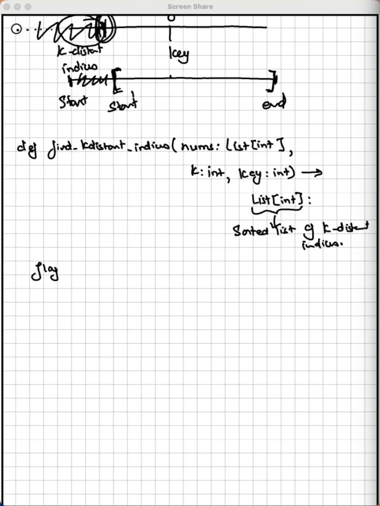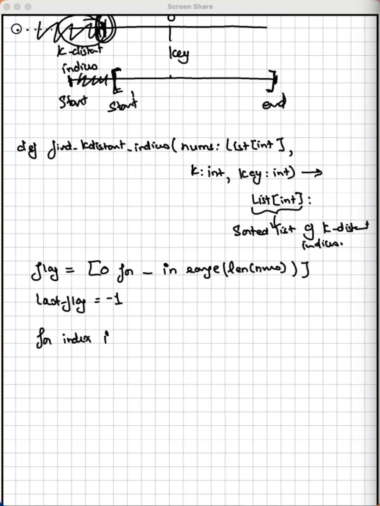First of all, let's create a flags list, which is by default initialized to 0. So we say for an empty variable in range len of nums. Then we say last flag is equal to -1, for index in range of nums.